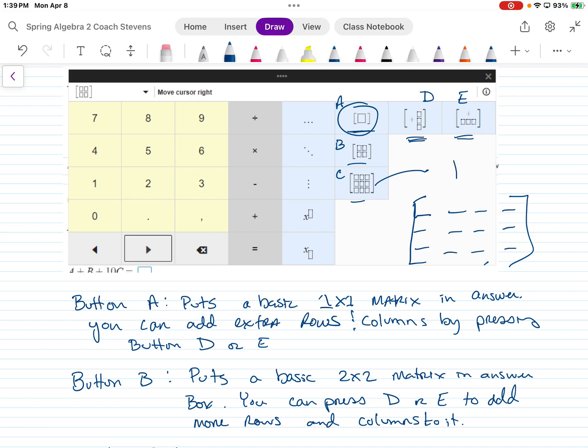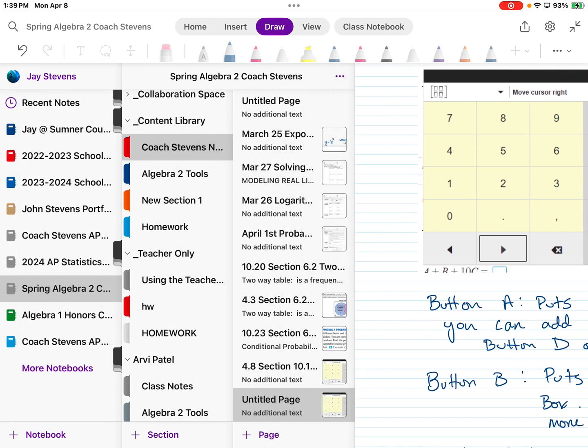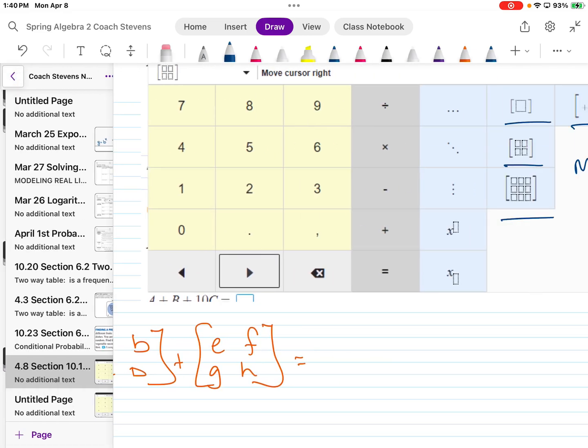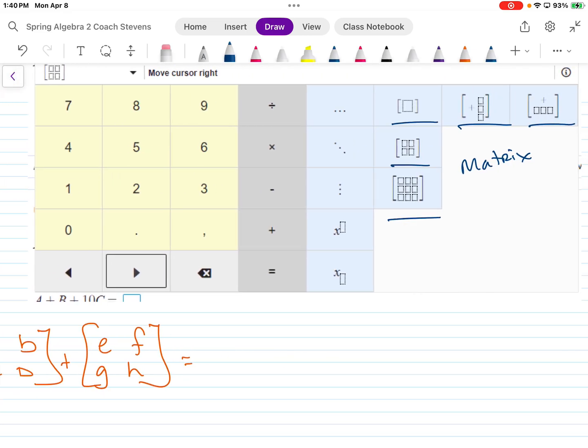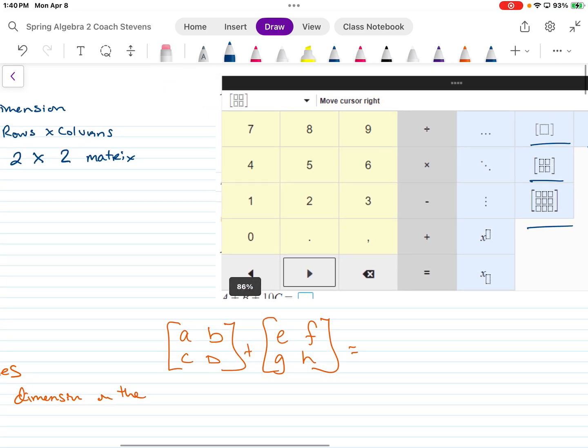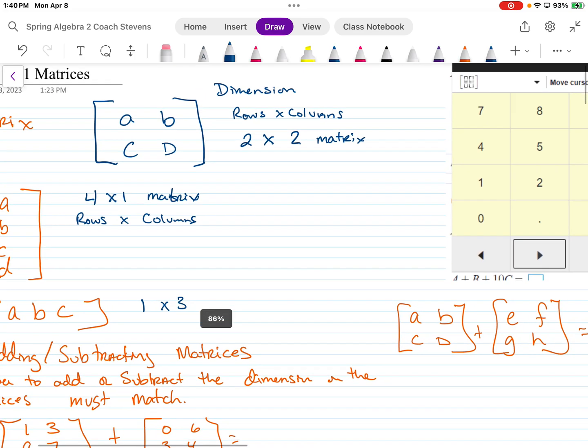So you'd first start off with the C button and then the D button and then you would eventually get something that looks like that. And then you could start filling in what you have in the spots. And again, the E button just puts an extra row below what you already put in there as your beginning template. Because some of your answers as we go through here today have to be put in that matrix format. So I just wanted to show you how you would go about doing that.